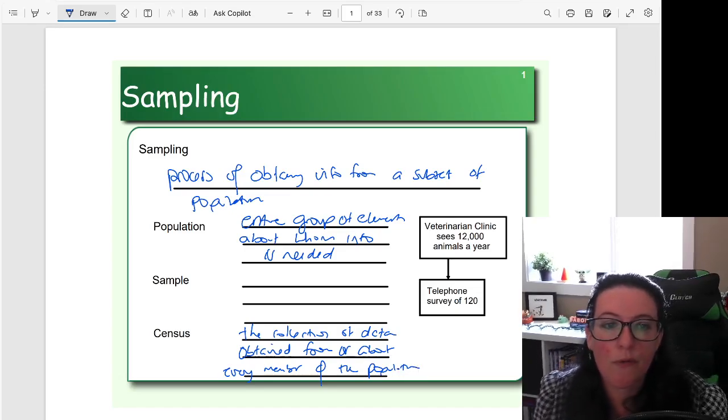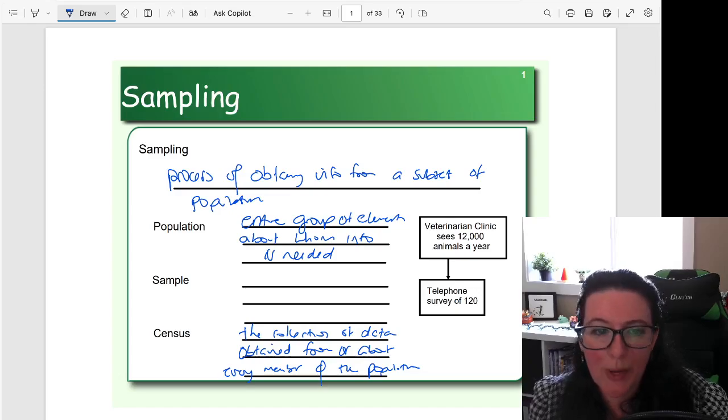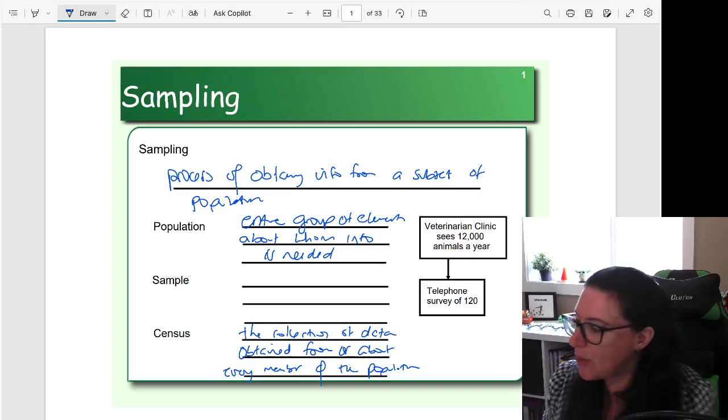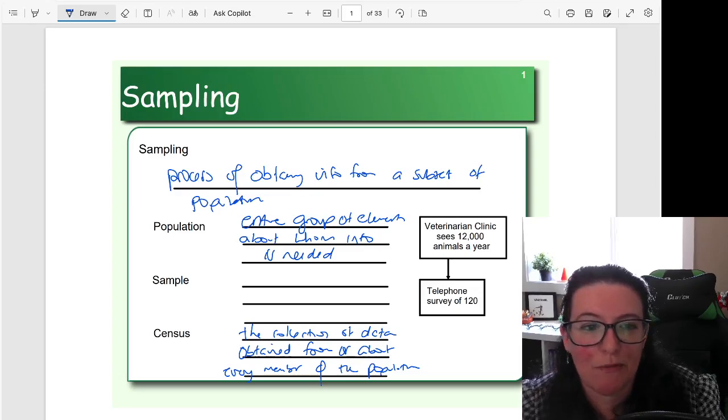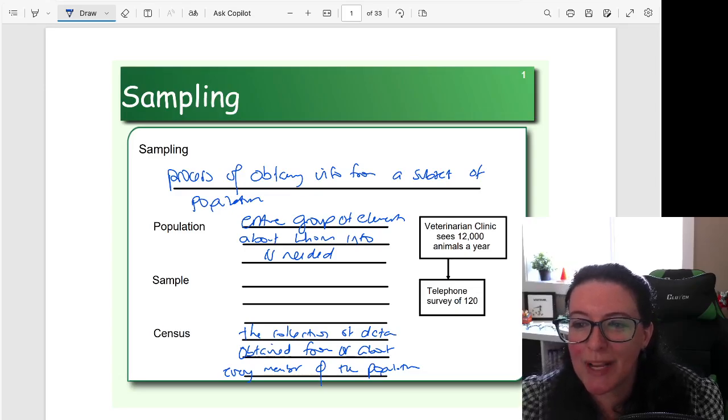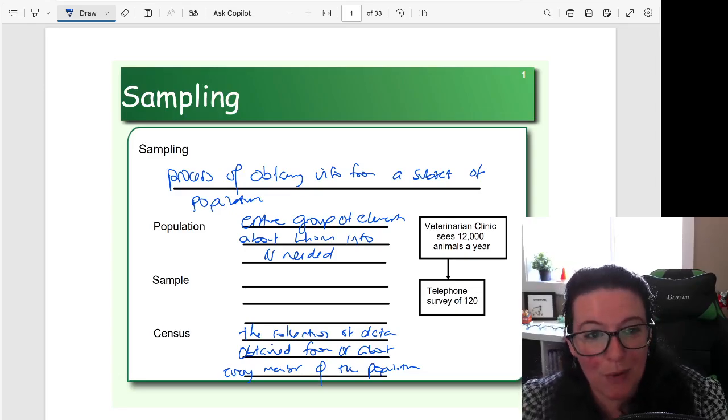For example, we do a census about every 10 years to collect information about the entire population of Canada. And so every individual in Canada is expected to provide some basic information about their household. In this case, we're getting information from everyone.